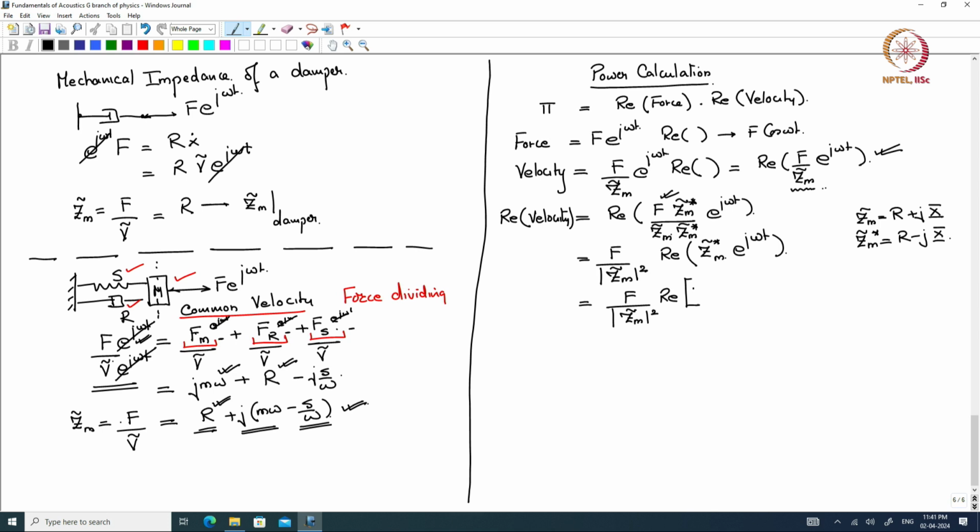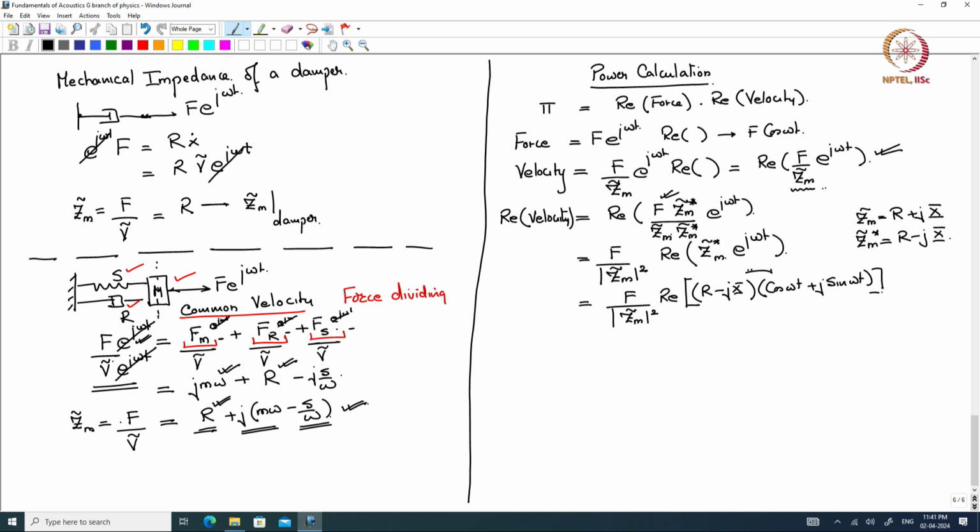So, I will do that here. So, this is R minus jX into cos omega t plus j sin omega t. So, we have to take the real part of this product.